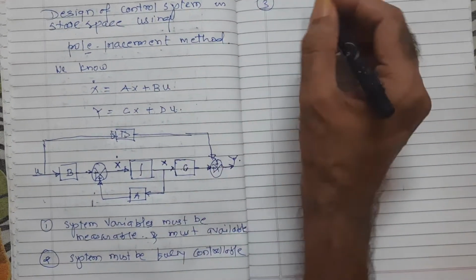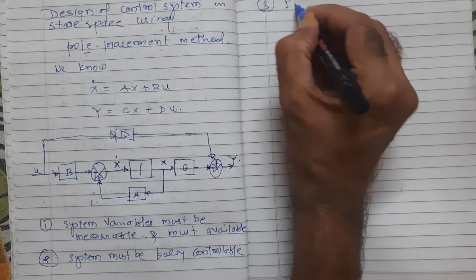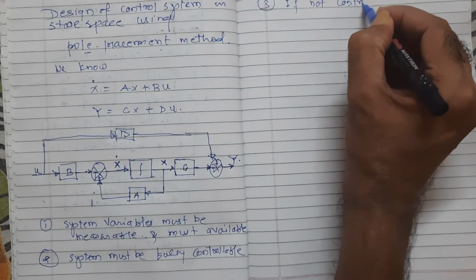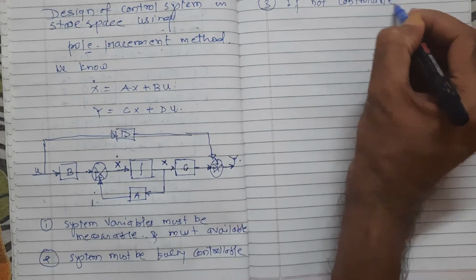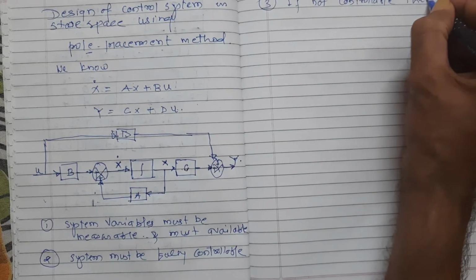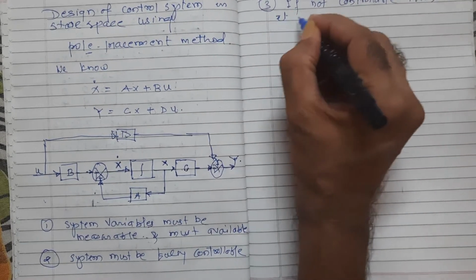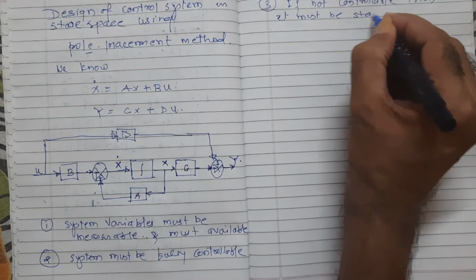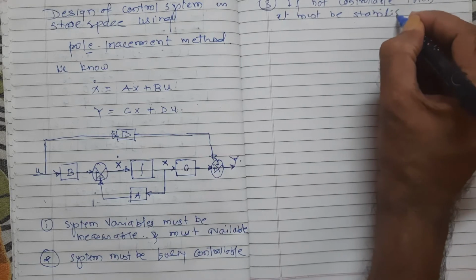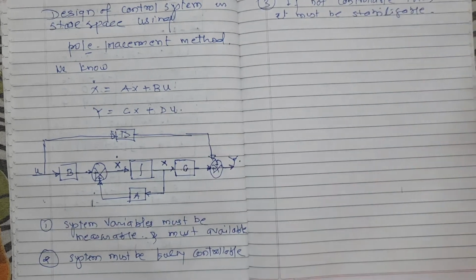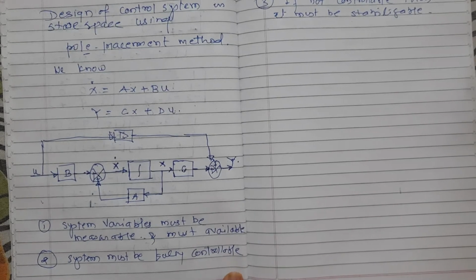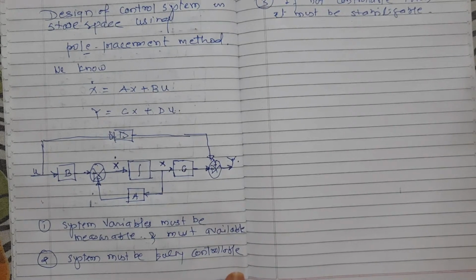If the system is not controllable, then it must be stabilizable. If the system is controllable, that means it is stabilizable.